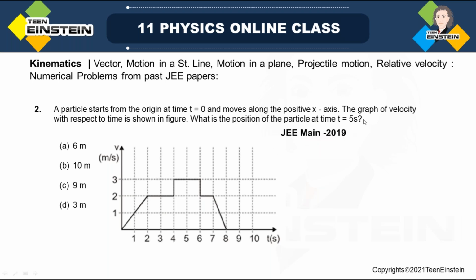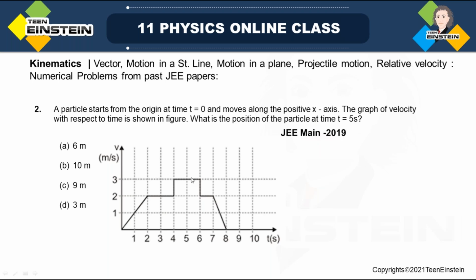Now the graph of velocity with respect to time is shown in this figure. What is the position of the particle at t is equal to 5 seconds? This question was asked in JEE Mains 2019.